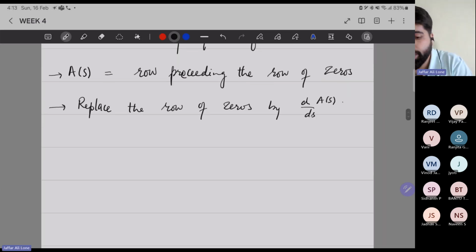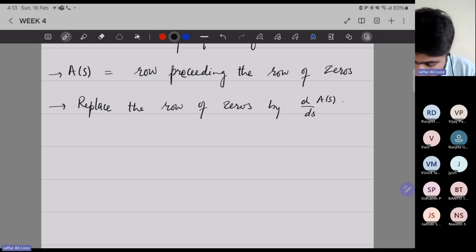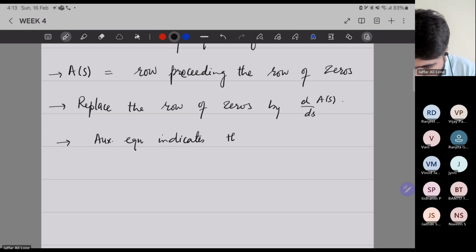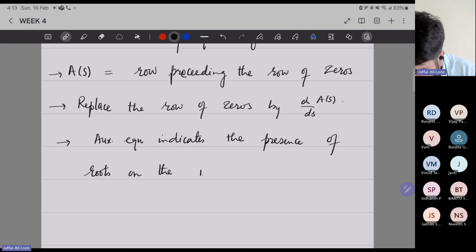And what does this auxiliary equation indicate? This auxiliary equation indicates the presence of roots on the imaginary axis.